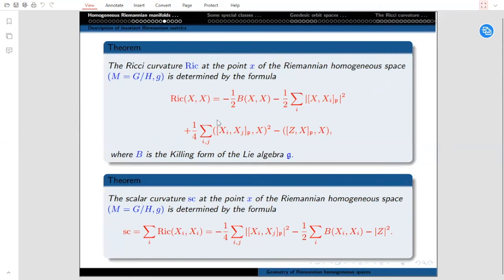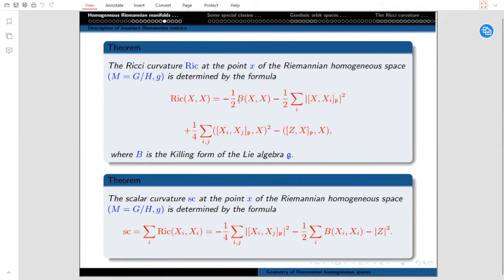It's quite short in this form, and it's very useful to calculate Ricci curvature for any given inner product on a considered homogeneous space. It's quite easy.